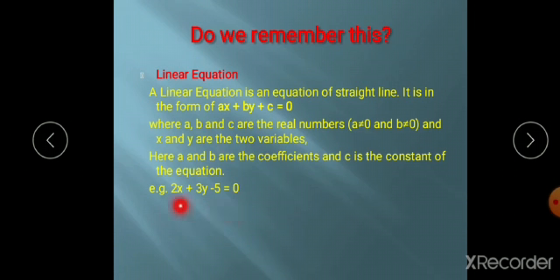If x is minus 2 and y is 3, you get minus 4 plus 9 minus 5, which is 0. So this is a solution of the linear equation in two variables. One linear equation has many solutions. It not only satisfies minus 2 and 3, it may satisfy other values also.